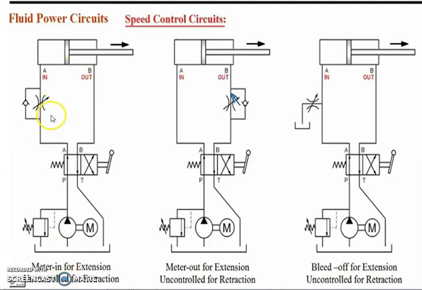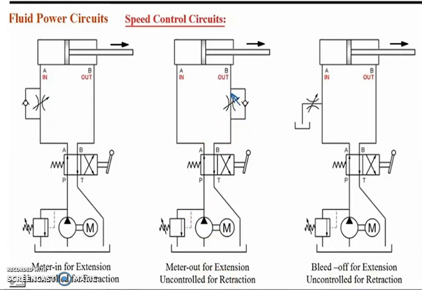Only the main difference is that this flow control valve is placed in pressure line, primary line. Here the flow control valve is placed in secondary line, at outside of the actuator, at outside of the double acting cylinder.